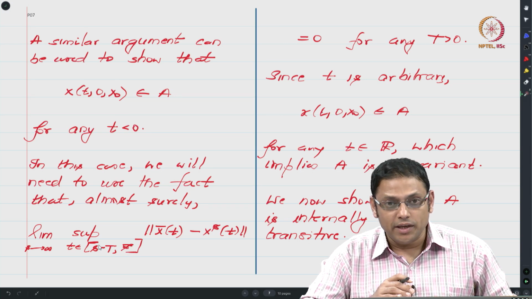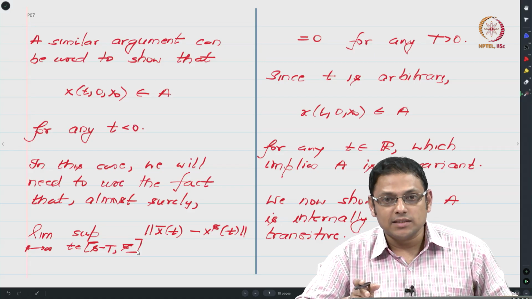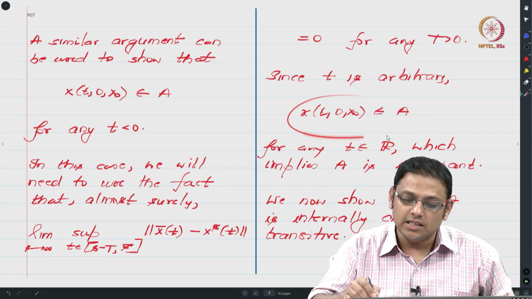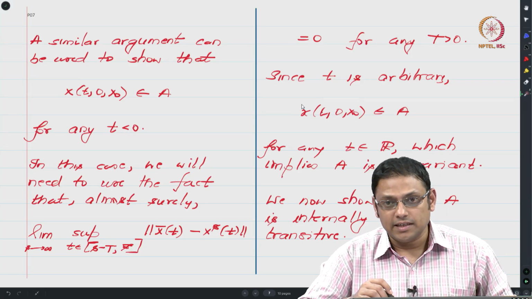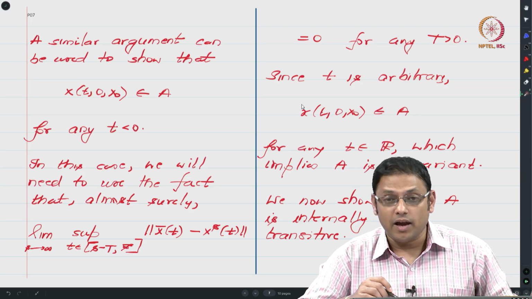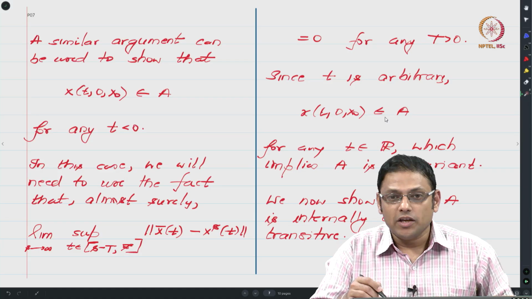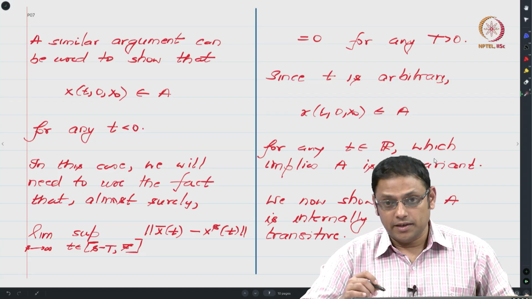Now, for showing negative invariance, we will look at the window from S minus t to S and repeat the arguments and conclude that x t 0 x naught lies in A even when t is negative. And since for any t, both positive and negative, we have managed to show that this belongs to A, we can now conclude that your set A is actually invariant, right.